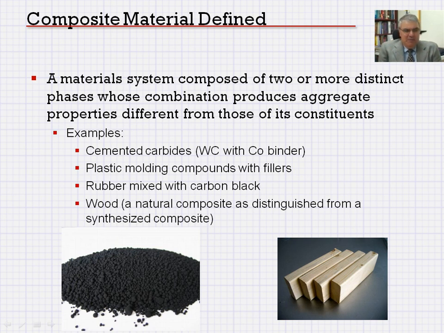So this definition tells us that if we have a composite material, we are going to have more than one material. It's a combination of two or more distinct phases, and we combine these materials for a purpose, not just for the heck of it.